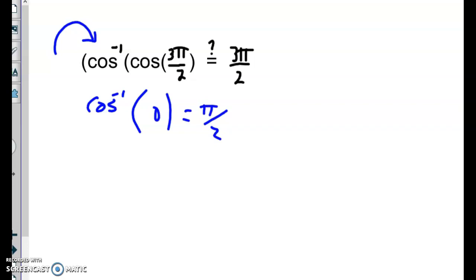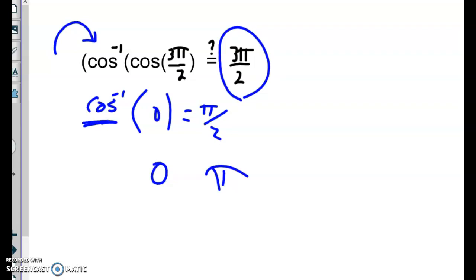Because we know that this is not defined on the interval from 0 to pi where the inverse cosine is. But at pi over 2, I get the same answer as I do at 3 pi over 2. So because of this, we have to only pick answers where it is defined.